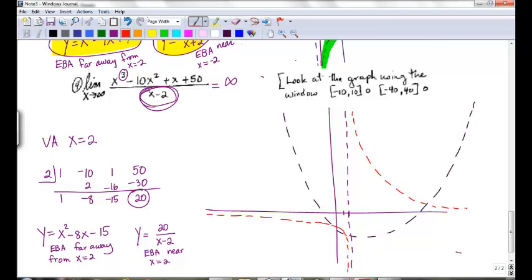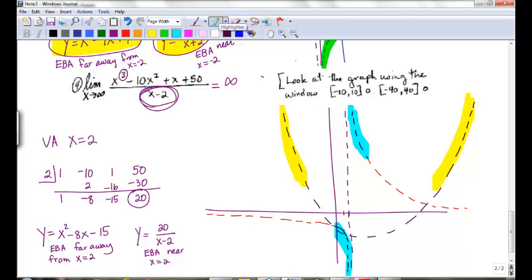Now, the graph ought to approach this parabola far away from this line x equals 2. It ought to approach it out here, far away, and near the line, it ought to approach this part. Okay, now graph your original.